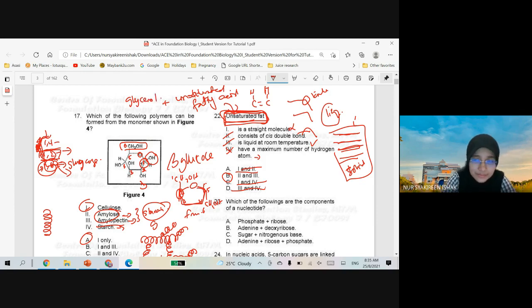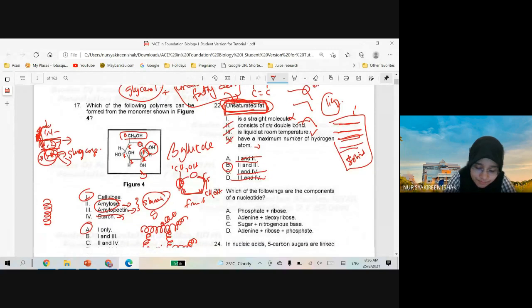Understand? So you have to take note of the terms. Unsaturated fat is the fat itself, vegetable oil, whatever, fish oil. So that is unsaturated fat. The component is glycerol with the unsaturated fatty acid linked together through the formation of ester linkage.